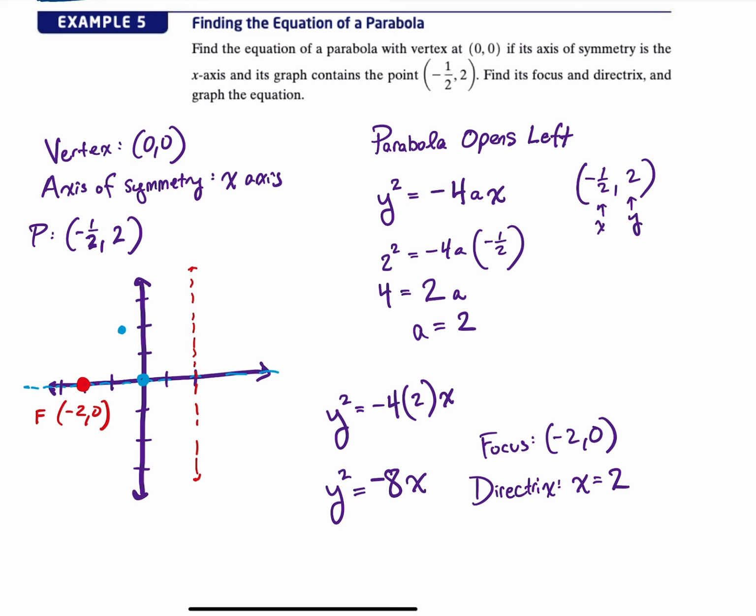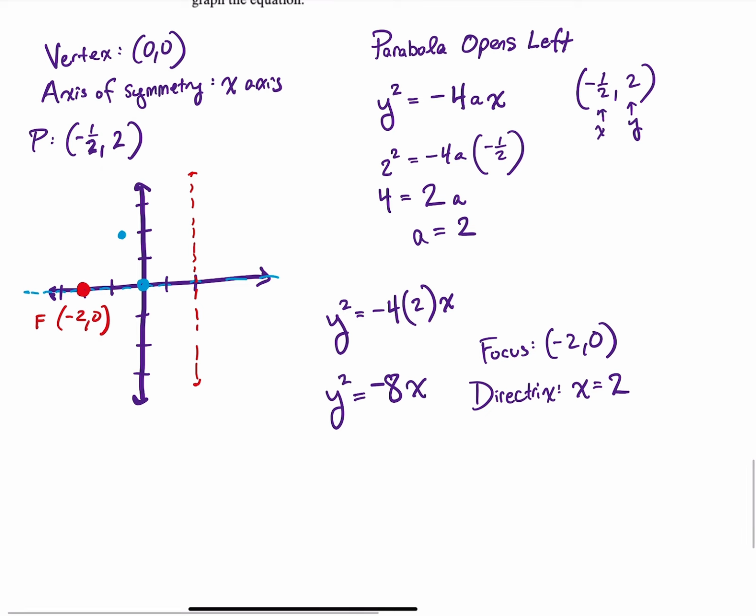And then let's get some additional points. We do already have that one point, but let's say if we're using our focus point, that gives us an x value of -2. So when x equals -2, we would get y² equals -8 times -2.